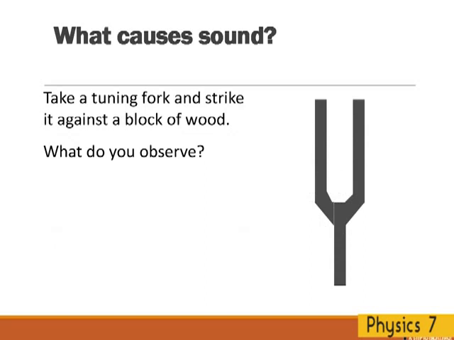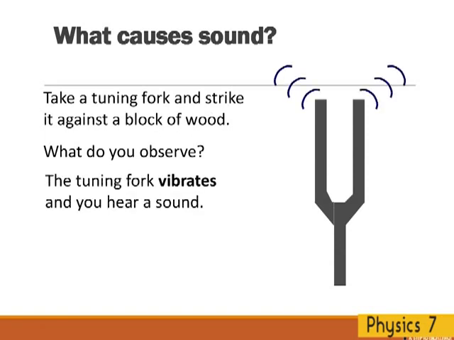Let's say we have a tuning fork, and some of you may have come across this in the science laboratory. A tuning fork is a device which looks a little bit like this, and if you were to take a tuning fork and strike it against a block of wood, then what you actually observe is that the tuning fork vibrates and you actually hear a sound.